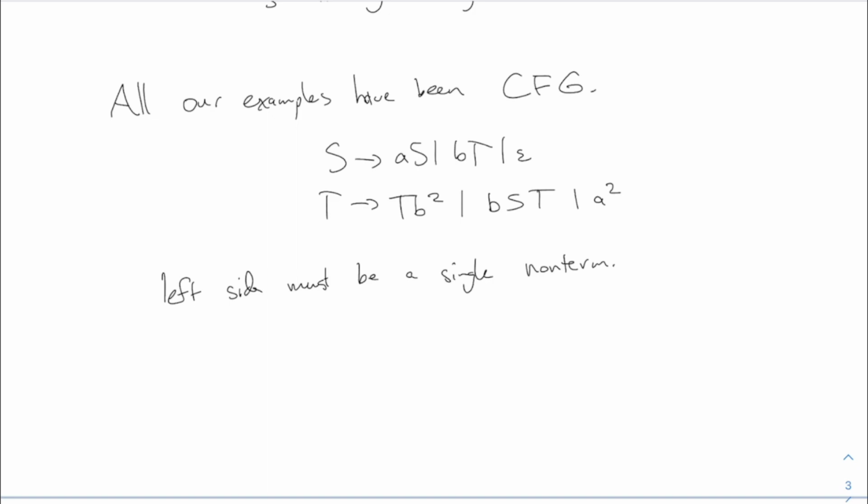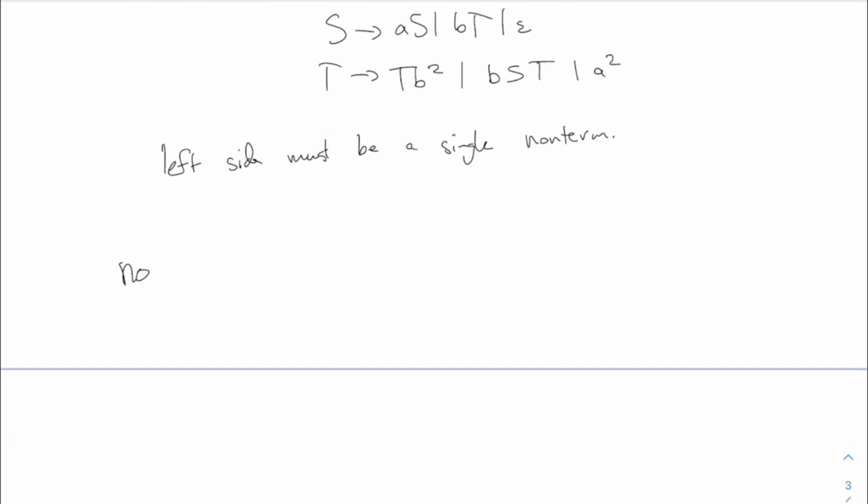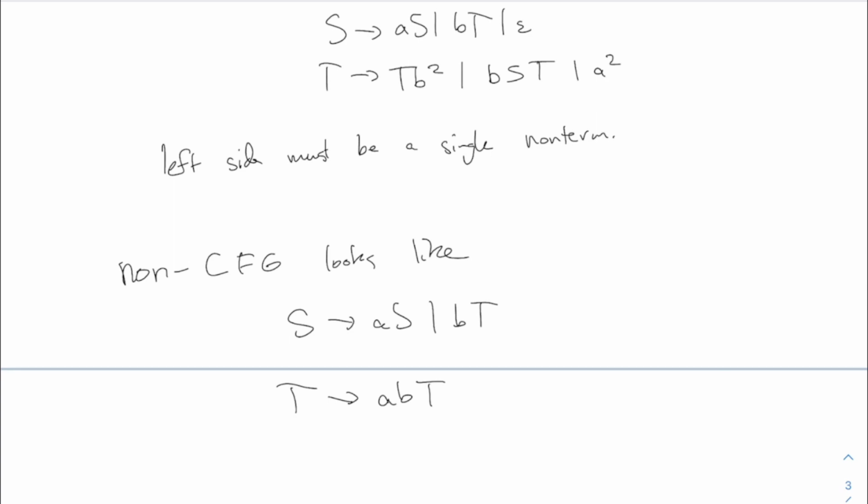Non-context-free is when that is not true, which is technically allowed for a grammar. You could have other things on the left side. So a non-context-free grammar looks something like S goes to AS or BT, T goes to ABT or S, and then something like AS goes to SA.